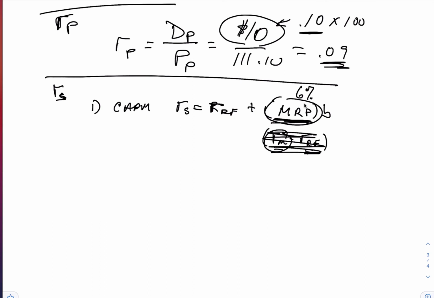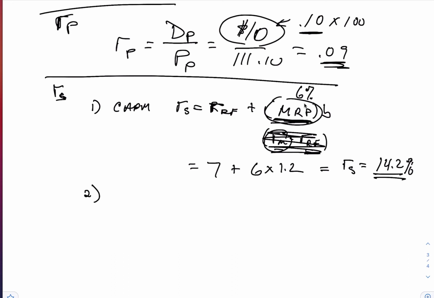So therefore, if we use the capital asset pricing model, this is 7 plus 6 times 1.2 beta. And what this means is RS equals 14.2%. Okay, 14.2%.